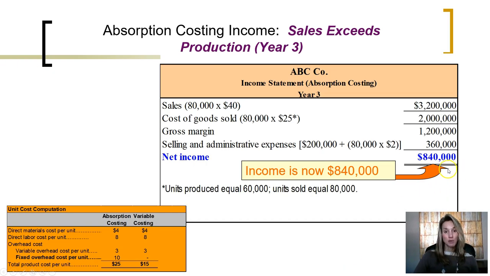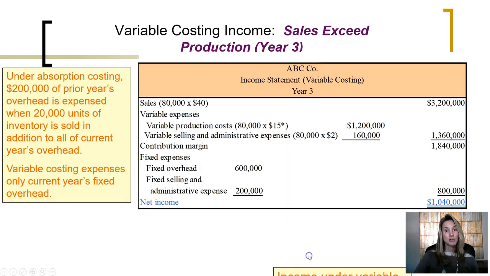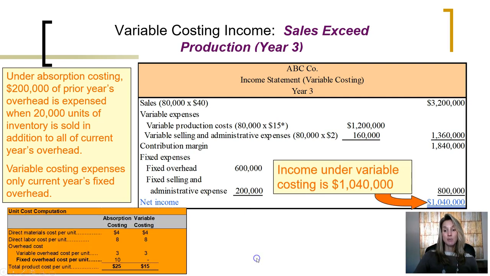Recall that income under absorption costing was $840,000. But when we prepared the income statement under variable costing, income was $200,000 higher at $1,040,000. Under absorption costing, $200,000 of last year's overhead is expensed because we had to use 20,000 units of ending inventory from last year in order to meet this year's selling needs.